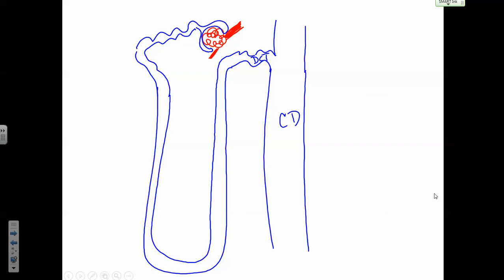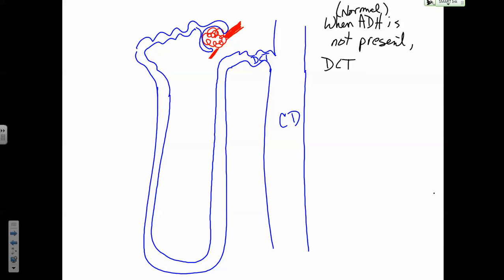If ADH is not present, which is normal, so it's just normal, the distal convoluted tubule and the collecting duct are impermeable to water.